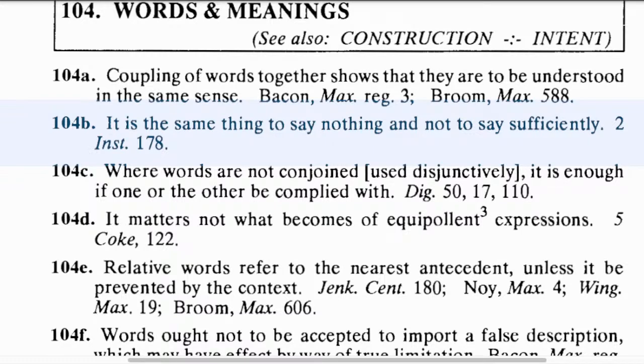It is the same thing to say nothing and not to say sufficiently. Where words are not conjoined, used disjunctively, it is enough if one or the other be complied with.